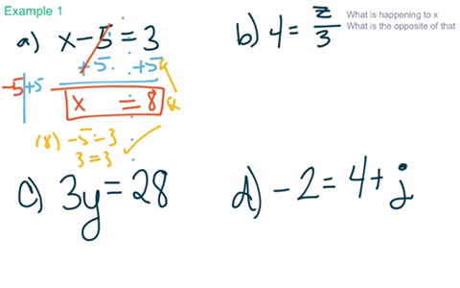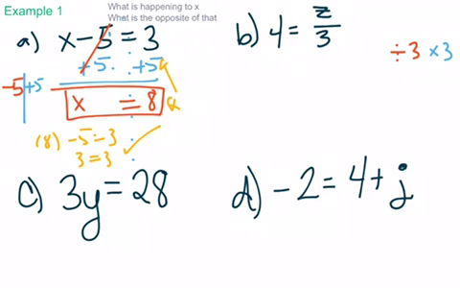Looking at B. What's happening to the variable in general? Z is being divided by 3. What's the opposite of dividing by 3? Multiplying by 3. So you have to multiply both sides by 3.